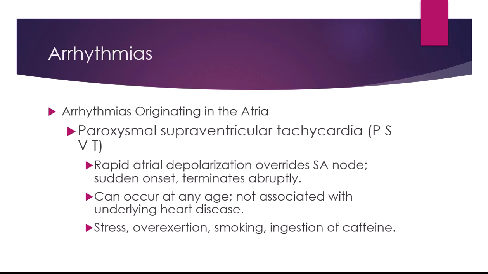Normal P wave, normal PR interval, normal QRS width, a P wave for every QRS for every P wave. We're going to consider that anything between 100 and 140 as being sinus tachycardia. Anything above 140, we're going to call that a supraventricular tachycardia, and we have two flavors of supraventricular tachycardia.